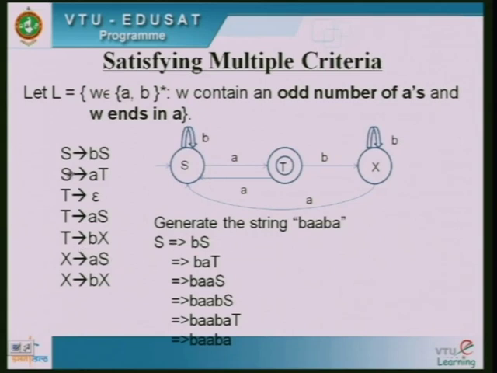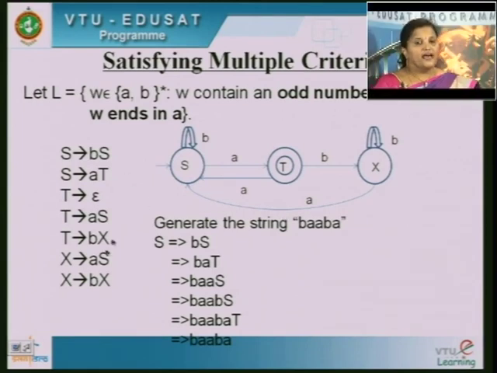You cannot write the grammar as easily as the FSM. FSMs, whether DFSM or NFSM, you can write easily, but writing the grammar is not so easy. So either we write the regular expression or the FSM, and then convert it into the equivalent grammar.